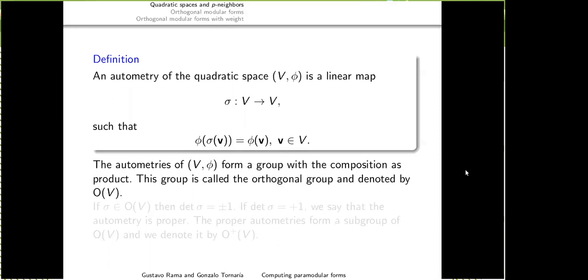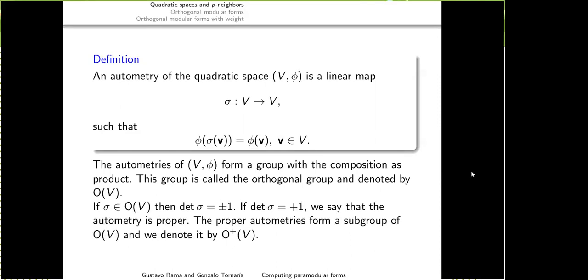The autometries of this quadratic space form a group with the composition as product. This group is called the orthogonal group, and we denote it by O of B. If we have an autometry, then it will always have determinant 1 or -1. If the determinant of the autometry is +1, we say that the autometry is proper. The proper autometries form a subgroup of O of B, and we denote it by O plus of B.